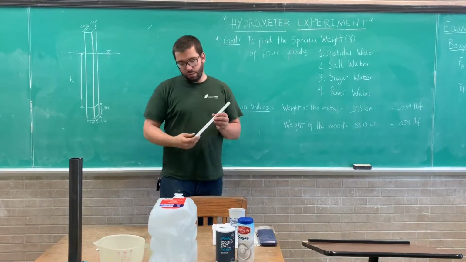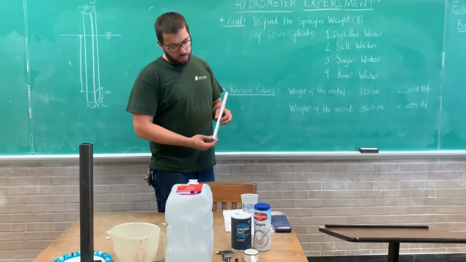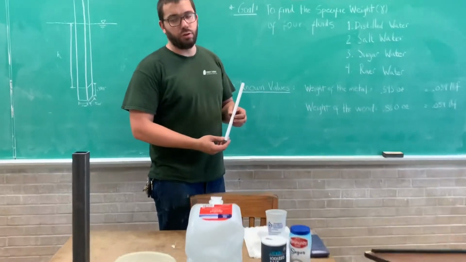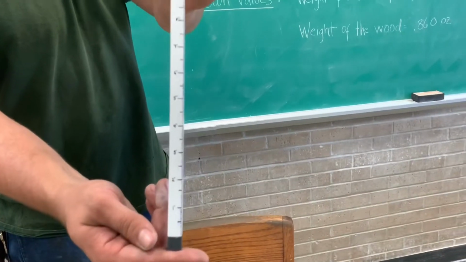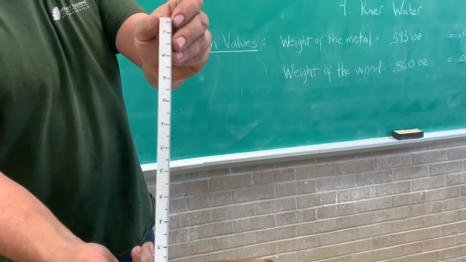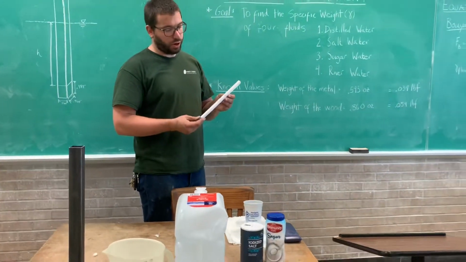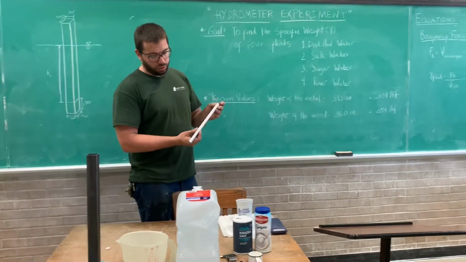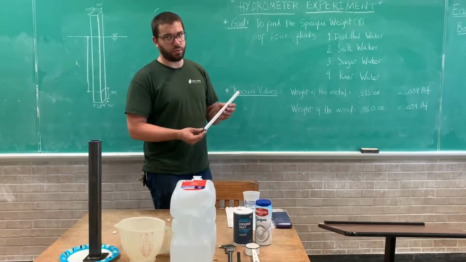And then we made a graduated scale on the wood so that we can know how much of the wood is submerged. We painted the wood white so that the wood would not absorb the fluid, because it's porous and would affect our measurements.